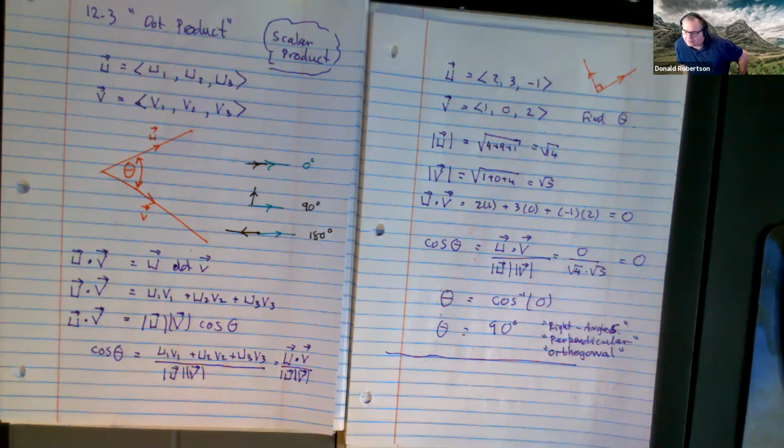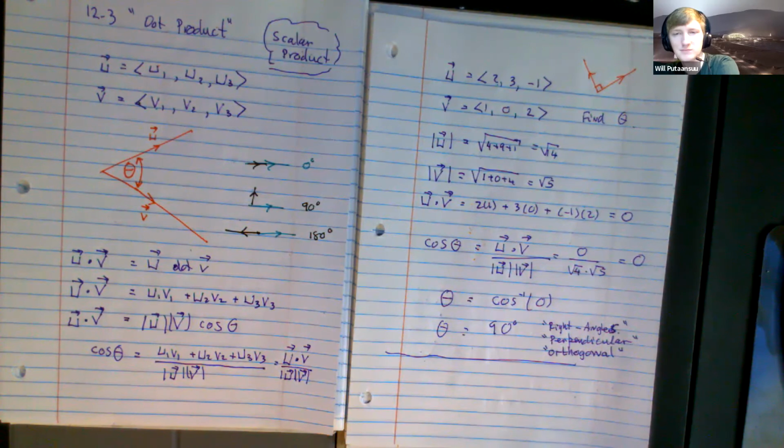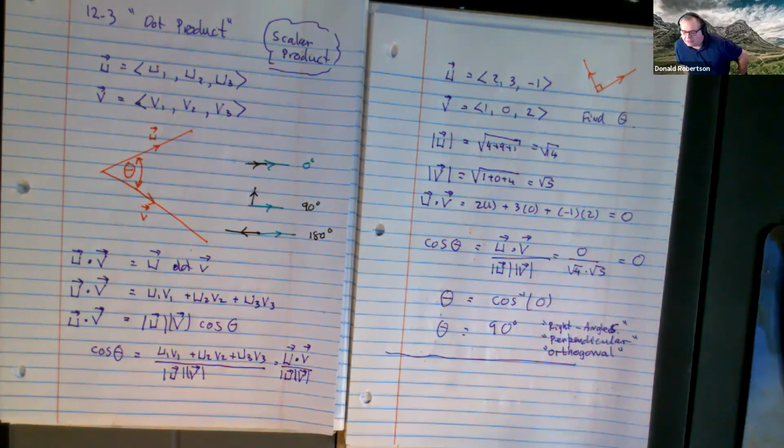Because I'm sure you've heard the first two. Let's add this to your vocabulary. Orthogonal is a better term for two vectors being at 90 degrees.